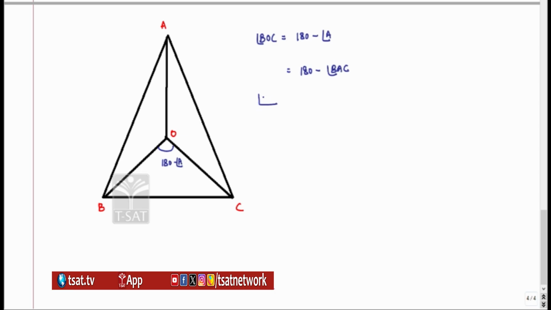Look at angle COA. Now, here this angle is B, therefore it becomes 180 minus B, 180 minus angle ABC. If I take angle AOB, which is equal to 180 minus angle C, 180 minus angle ACB.